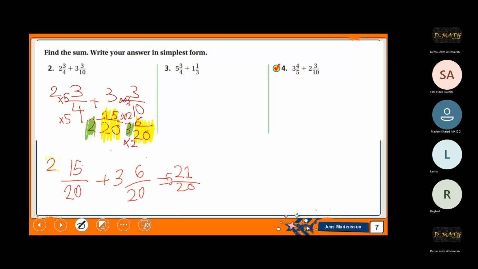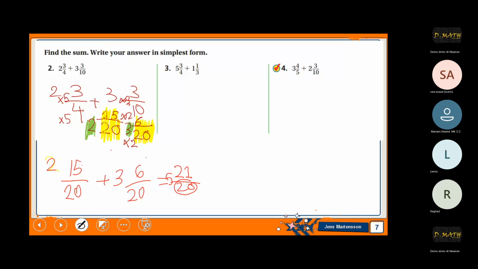Now, look at 21 over 20. What is the denominator here? 20. And what is the numerator? How do you know whether I want to simplify or not? Remember, the number that is up is 21. It's bigger than the one that's down. Can a small number hold a big one? No. So in this case, we need to simplify.